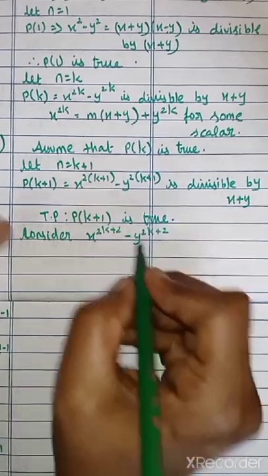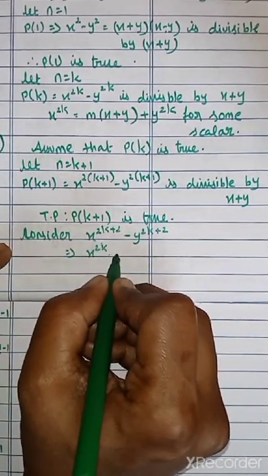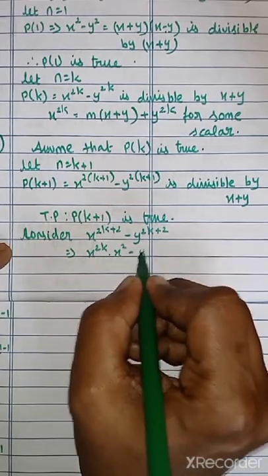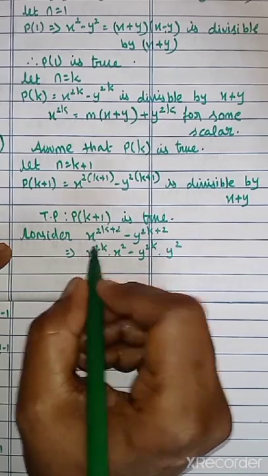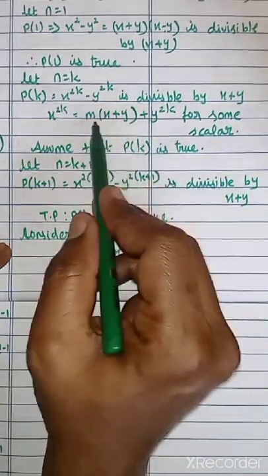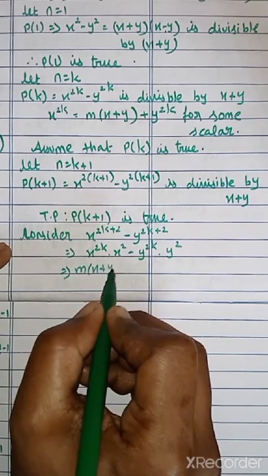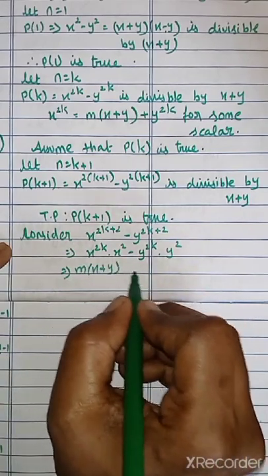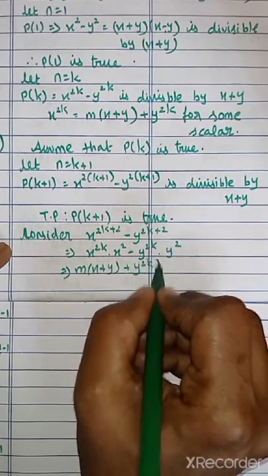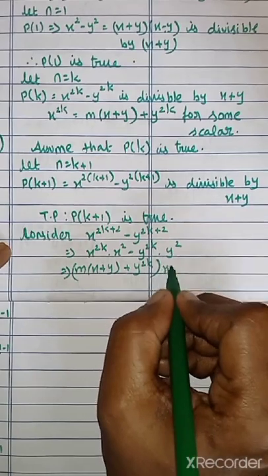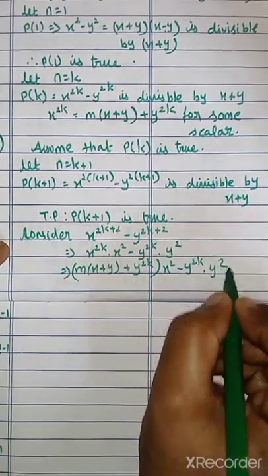Correct? Okay. Now again we can write this as x power 2k into x square minus y power 2k into y square. Instead of x power 2k, what we can write m into this whole term. So we can write m into x plus y plus y power 2k into this x square minus y power 2k into y square.